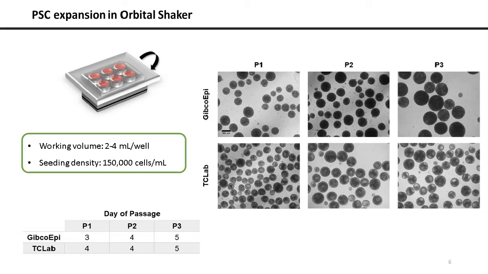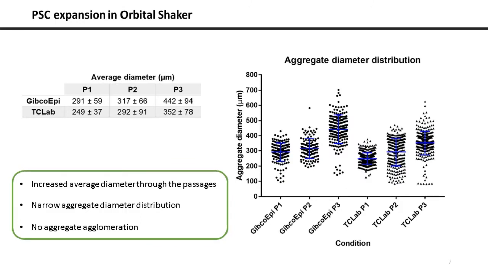We also used 2 different cell lines. We used the Gibco episomal iPS cells, and we used the TC Lab, which is our in-house iPS cell line. We analyzed the photos that we took at each passage, and we studied the behavior of the aggregate diameter.